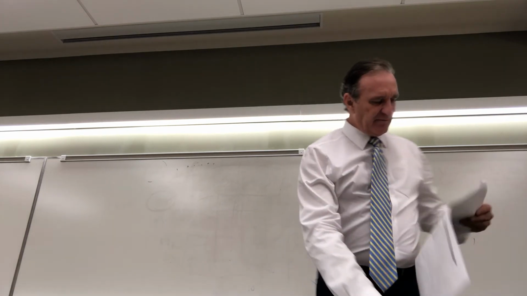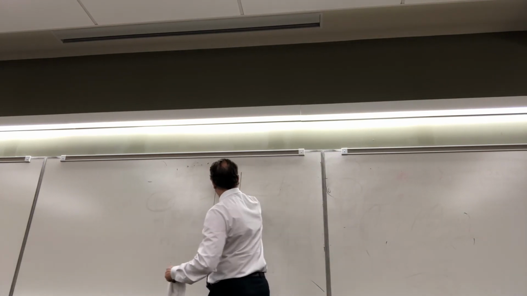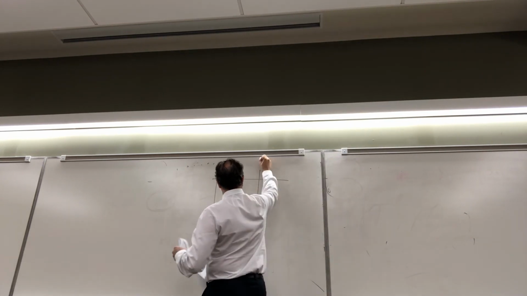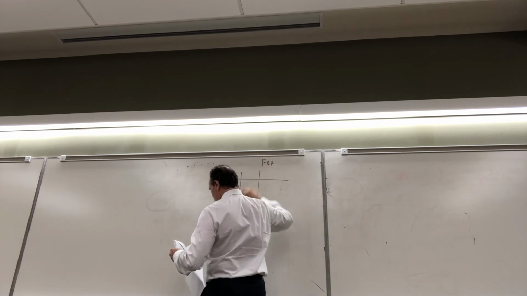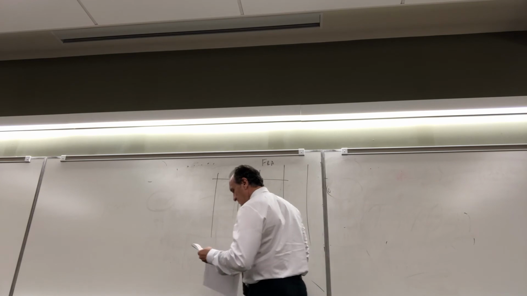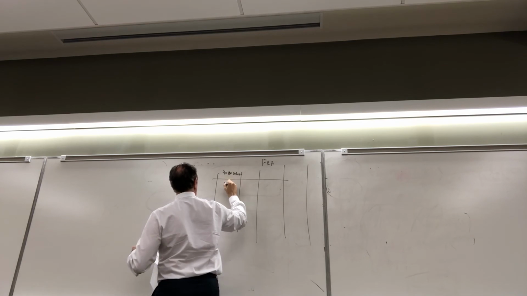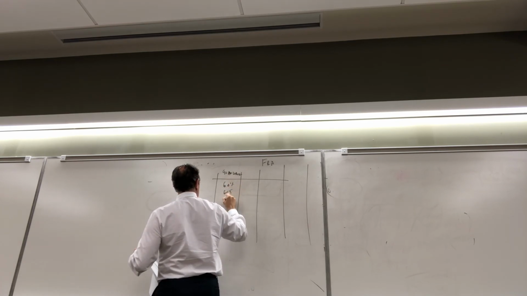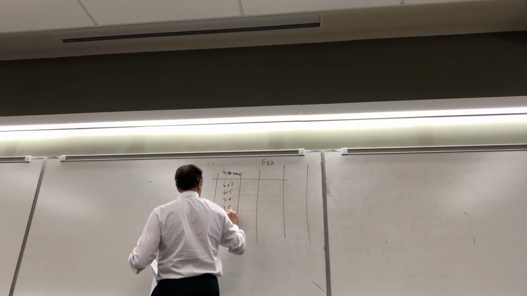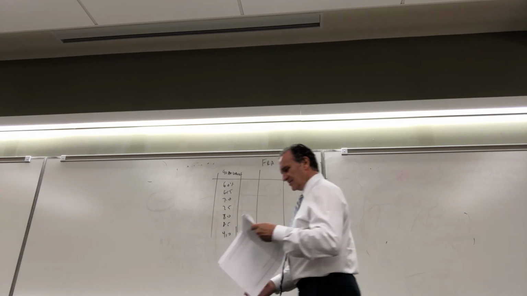It's going to be a little table. This is the FRA question. I'm going to have a 90-day LIBOR. I'm going to have the LIBOR rates, let's say 6, 6.5%, 7, 7.5%, 8, 8.5%, 9, whatever. Okay?